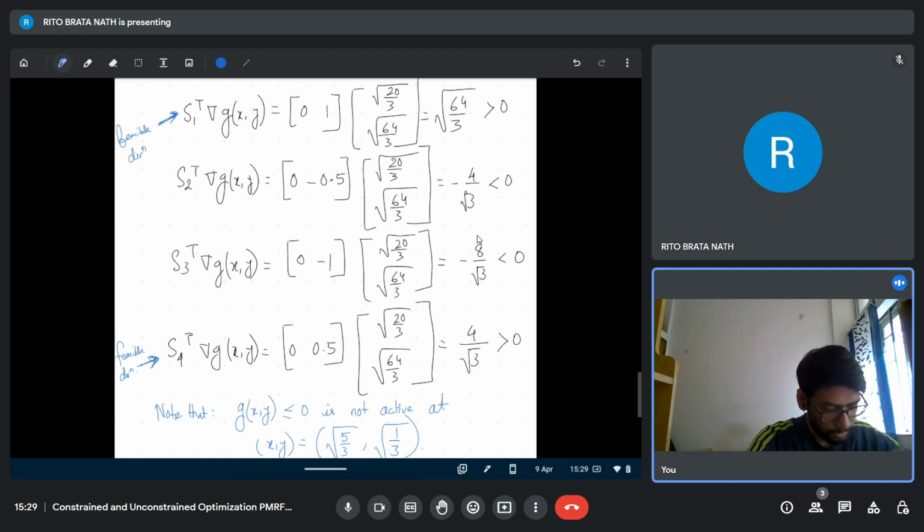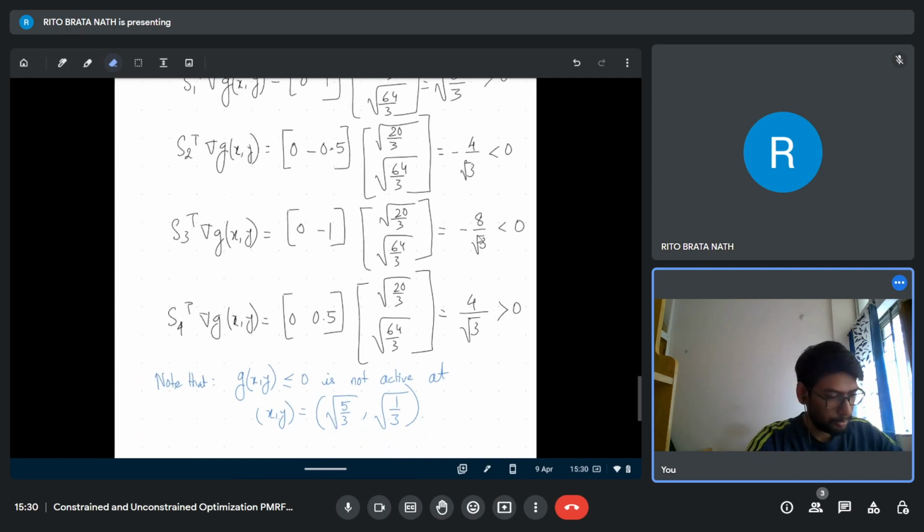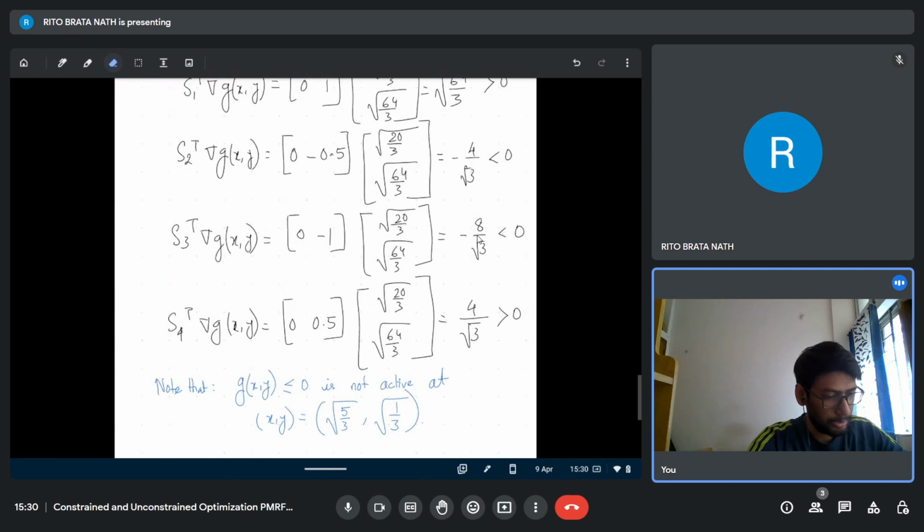In that case also, if you take a positive step, you will again end up in the infeasible region itself. So I think this comment is wrong. What I feel here is that the question has an issue, and ideally this should have been the feasible direction, and this should be the feasible direction.